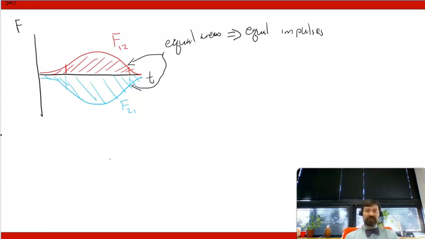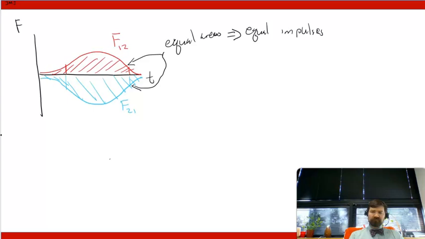Now again, remember that a system of objects consists of basically all the objects and their interactions. But every object in the system is interacting with each other object in the system, one-on-one. That means that for any force that is being applied to one object in a system, an equal force in the opposite direction is being applied to some other object in the system.